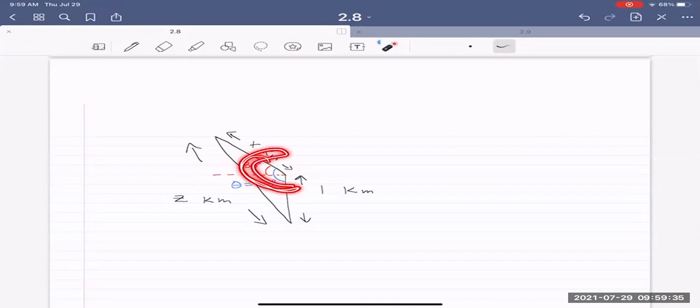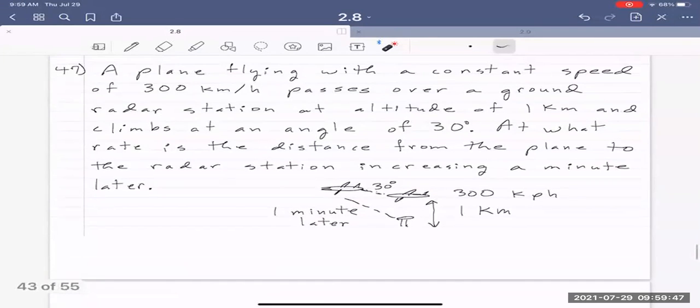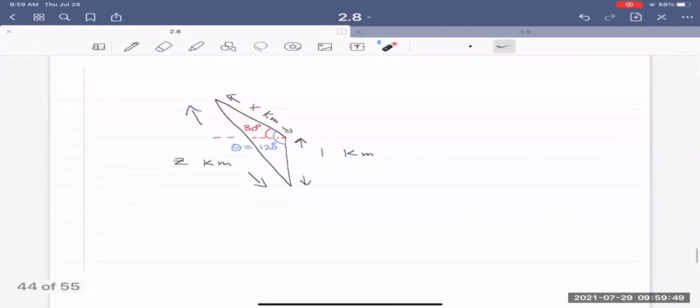So this full angle here is 120 degrees. Okay, and I guess I just call this angle theta, because it looks nice.